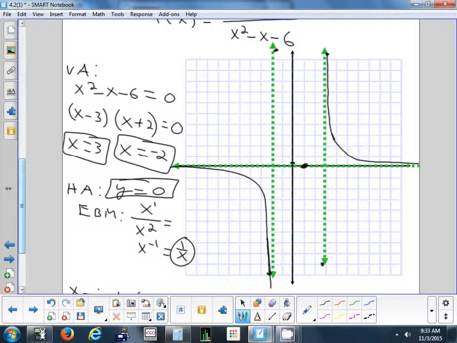So that section is going to look something like that. And that's a pretty common picture for these kinds of graphs. It's usually in 3 sections with that kind of S shape in the middle.